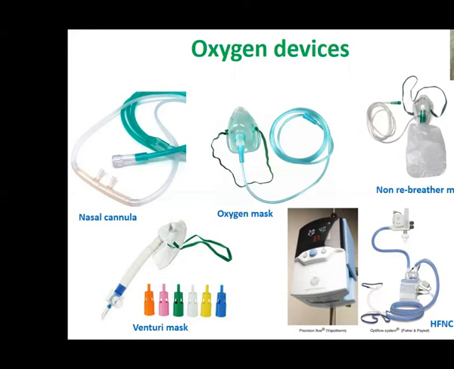The flow through this is almost 60 liters per minute. Usually in the ward, they are giving 15 liters of oxygen, but with this, 60 liters per minute of oxygen goes in. So it's a very high flow oxygen to maintain a very high level of oxygen.